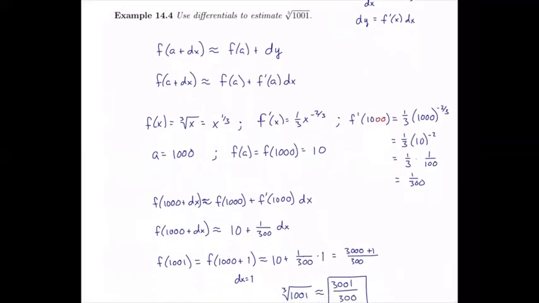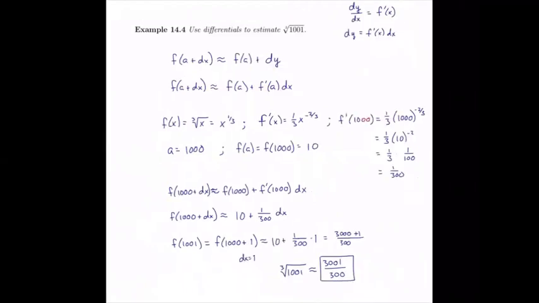What else do we need? Well, we have f of a, that's 10, right? And these are essentially all the pieces then, right? So we can write down our differential. It looks like the following. F of a plus dx is approximately f of 1000 plus f prime of 1000 dx. That's essentially filling in a equals 1000 for all these pieces.